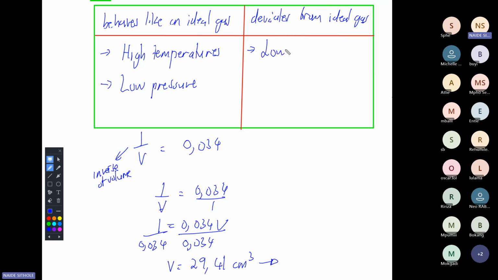Whenever you keep your temperatures low, but then you keep a high pressure. So when there's low temperature and high pressure, those are the two conditions whereby you'll have your real gas deviating from ideal gas behavior.